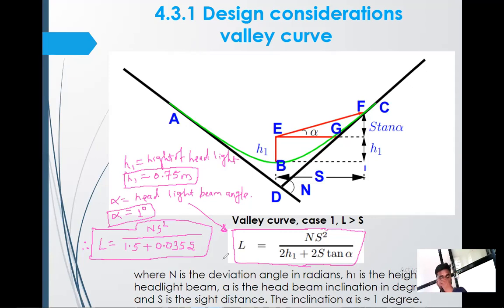This is for case 1, that is L is greater than or equal to SSD.